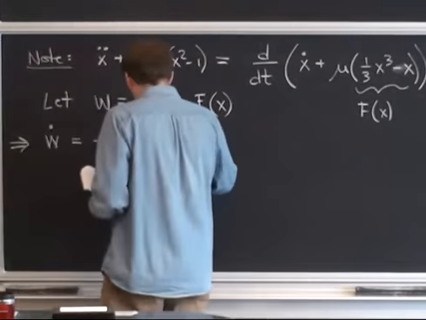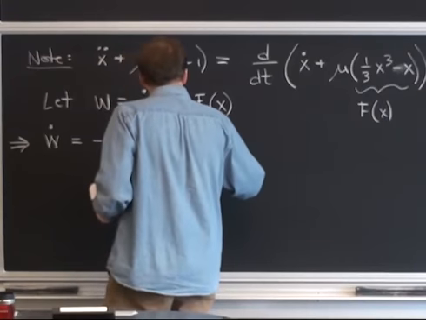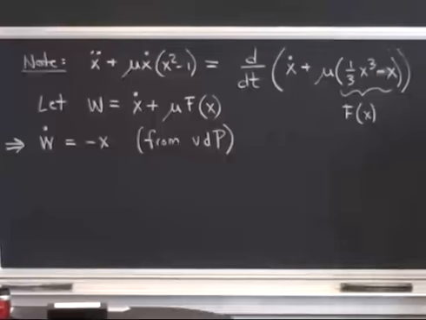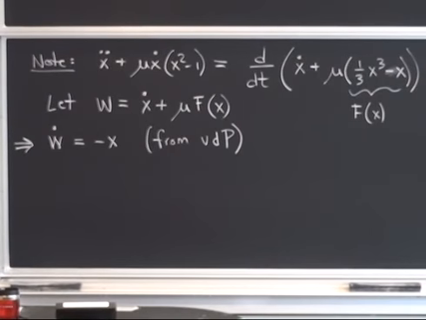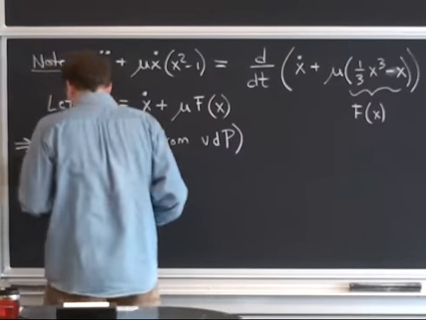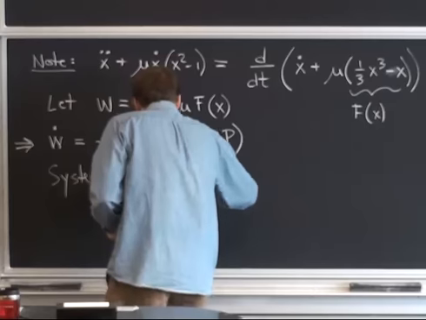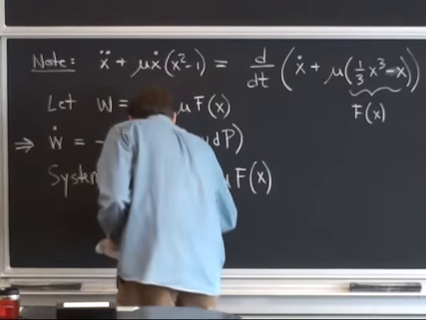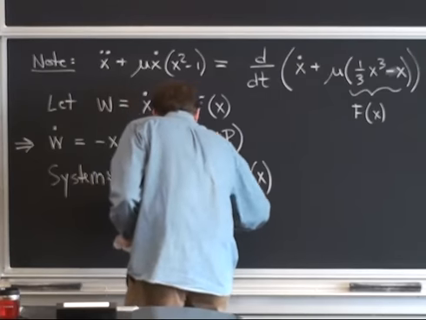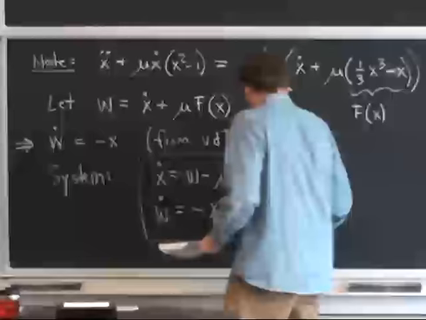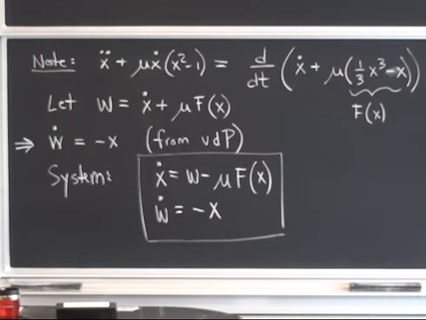So w dot is minus x from the van der Pol equation, which I will abbreviate VDP, van der Pol. So we now have our little system as a first order system. That is, the second order equation has been reduced to x dot equals w minus mu F of x, and w dot is minus x. That's equivalent to van der Pol's equation. Any question about the algebra so far?